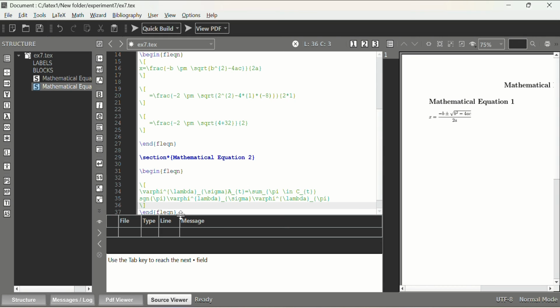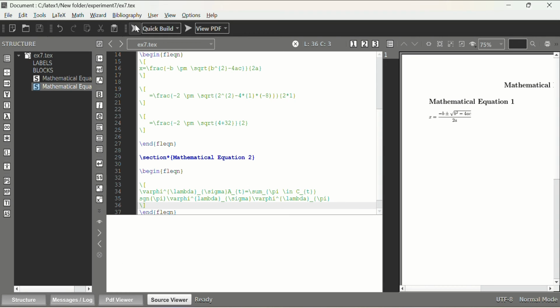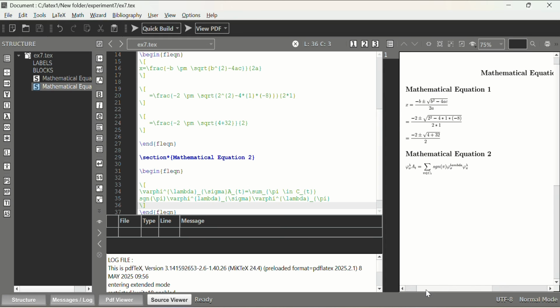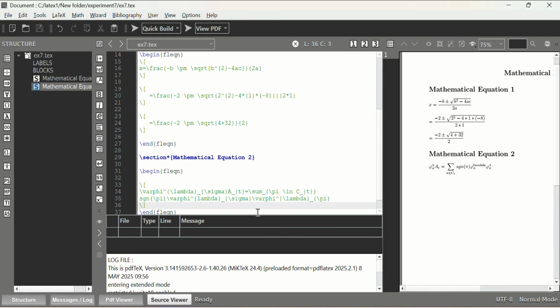So we have finished our first equation of the second set. So let's save it and see. Yeah, we are getting the output in the correct format.